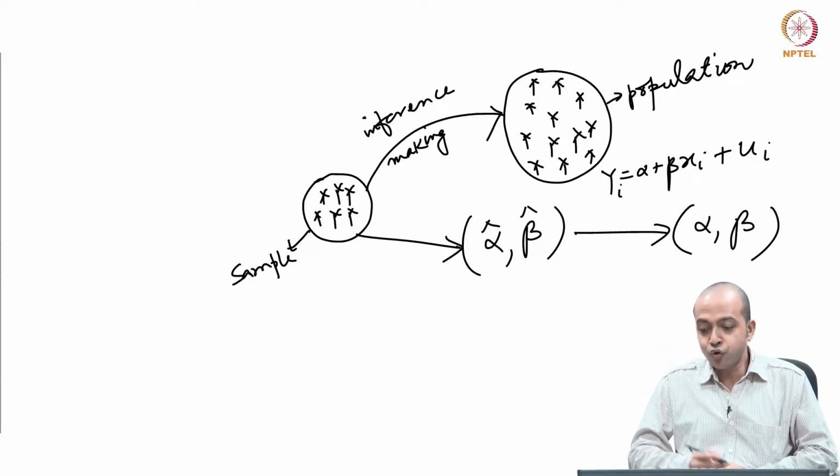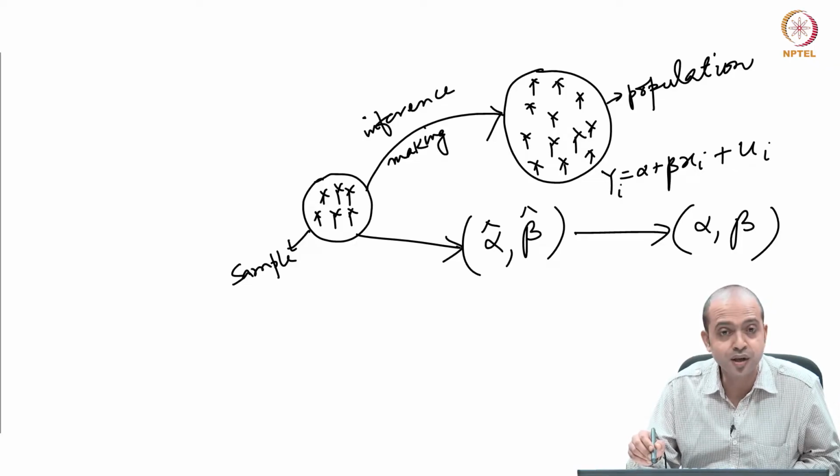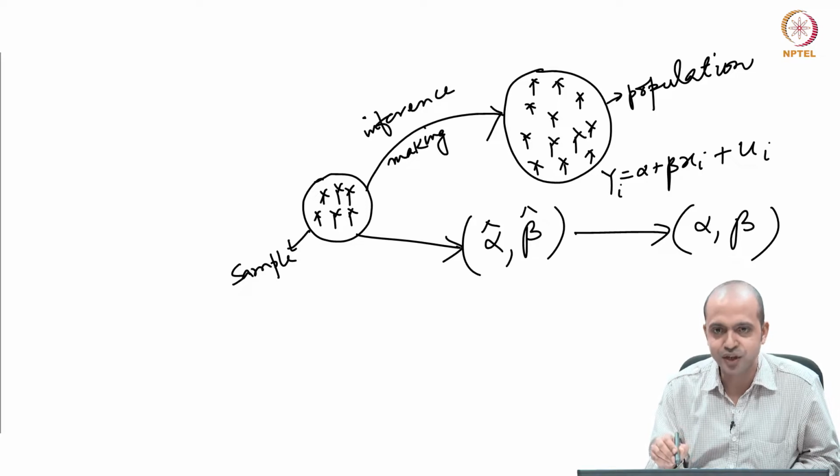Our true population parameters are alpha and beta, because alpha and beta explain the structure of the population, that means, the behavior in the population. They are actually unknown population parameters, and the sample counterparts of those population parameters are known as sample statistics.